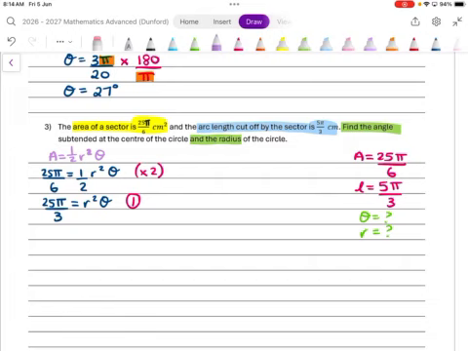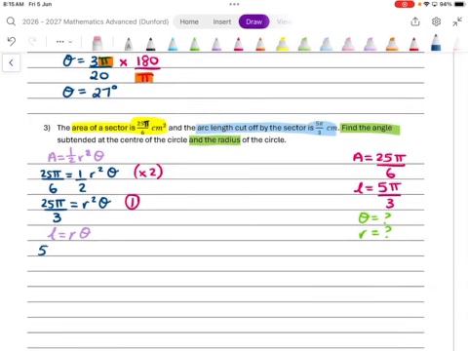Now what I'm going to do is look at my arc length formula. So my arc length formula from last lesson is L equals r theta. Remember, that is on your reference sheet. And then what we have is that our arc length is 5 pi on 3 equals r theta. Now this formula is a little bit easier to rearrange and make something the subject.